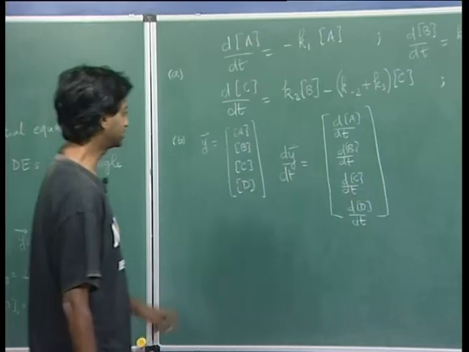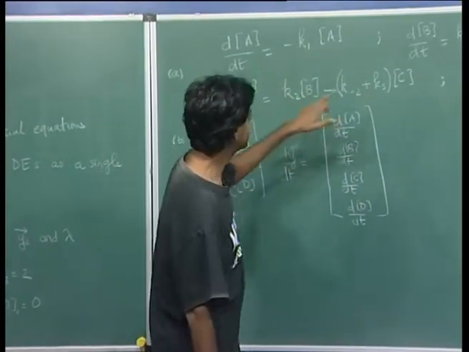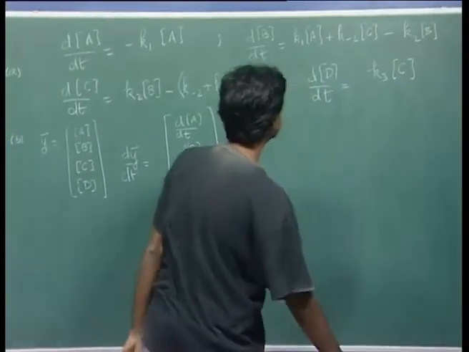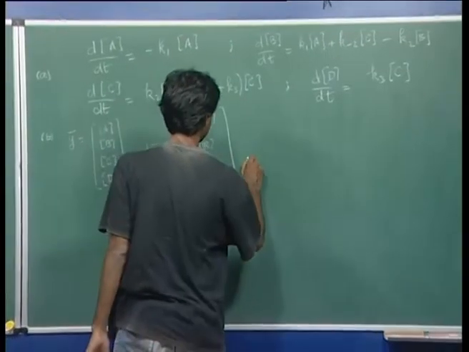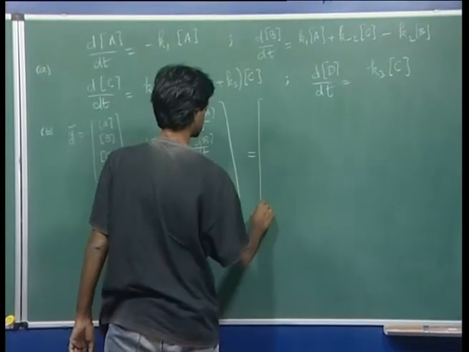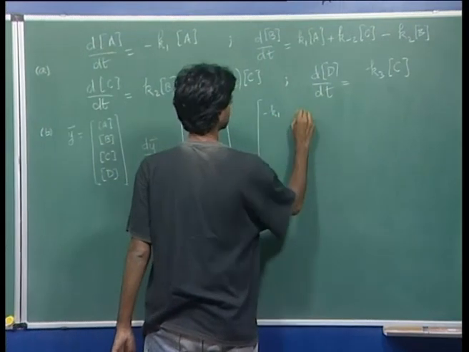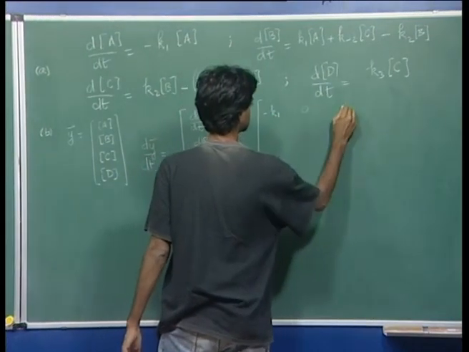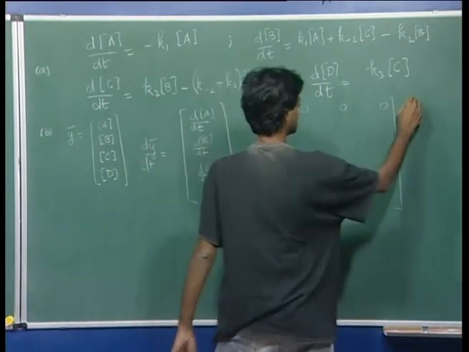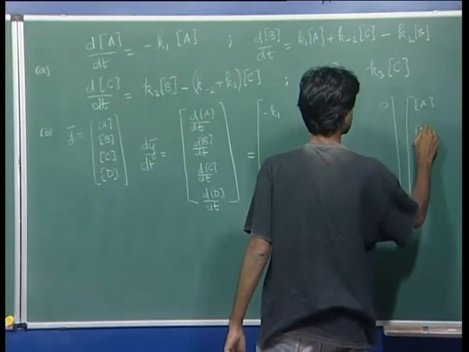And now we can use the fact that dA by dt is given by minus k1 a, dB by dt is given by k1 a plus k minus 2 c minus k2 b. So, you can write this whole thing in the following form. You can write this as minus k1, 0, 0, 0, times a.